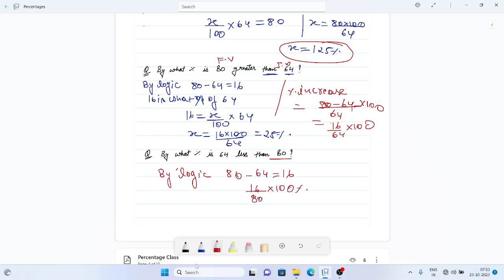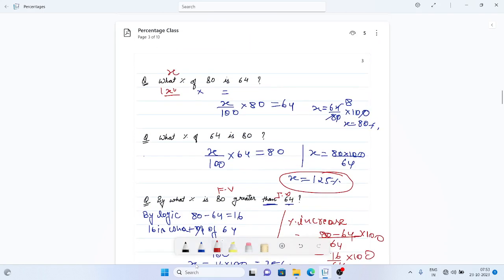So here you get the answer by solving this. If you solve this, you get I think 20%. Okay, did you get this? Please note it down, then we move forward.